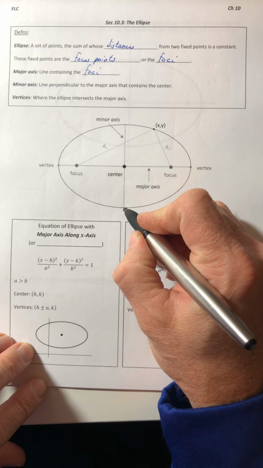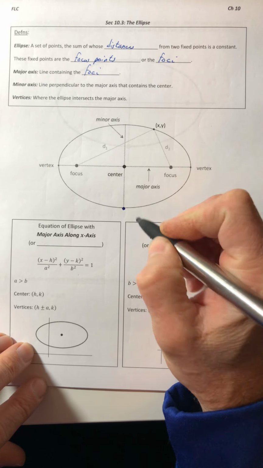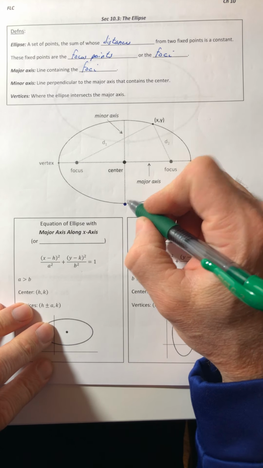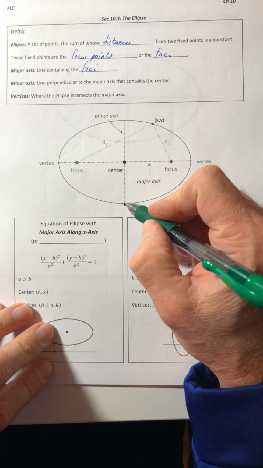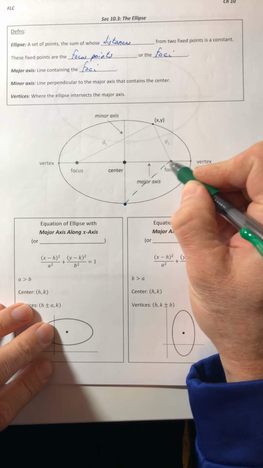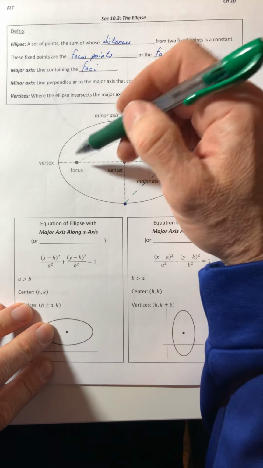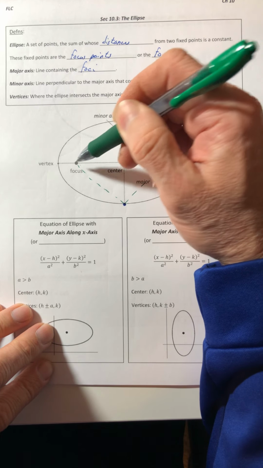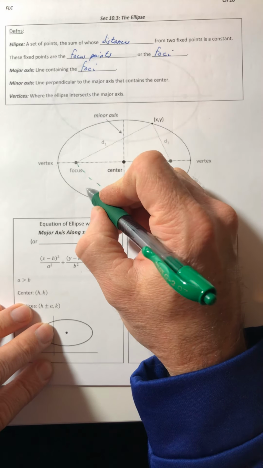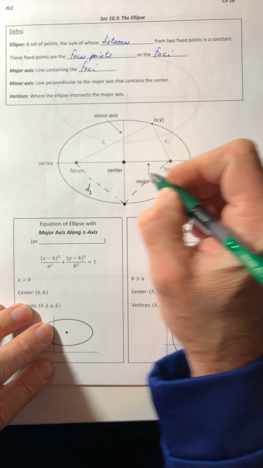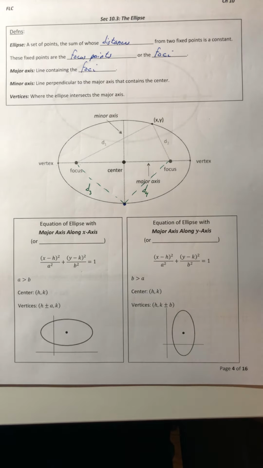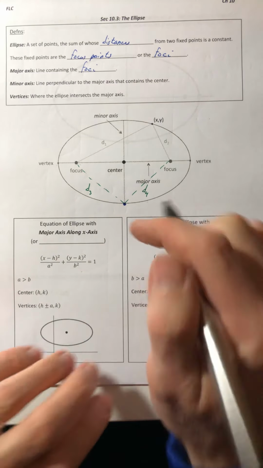So like if I chose this as my point, then I can measure two distances again. I can go from this point to the focus, and I can go from this point all the way over to that focus. So I've got a third distance and a fourth distance. So no matter where you are, you can always measure two distances.